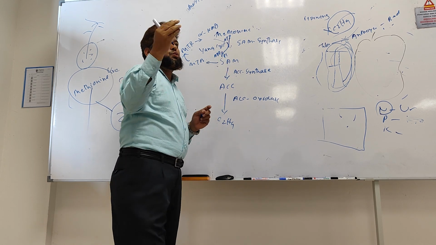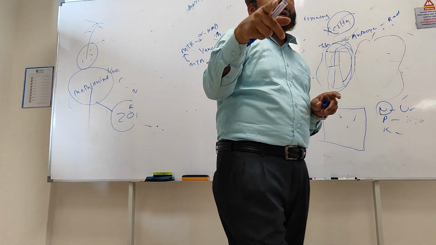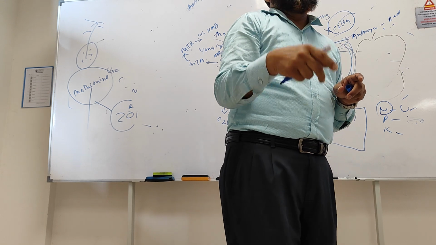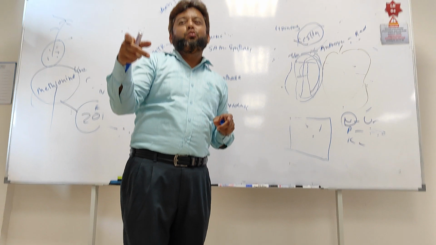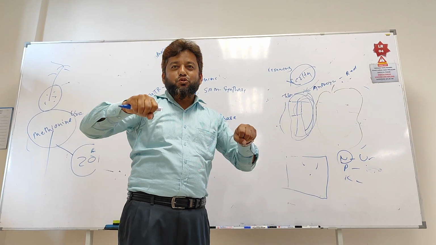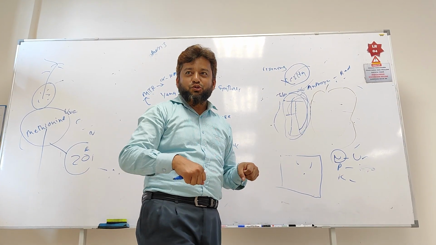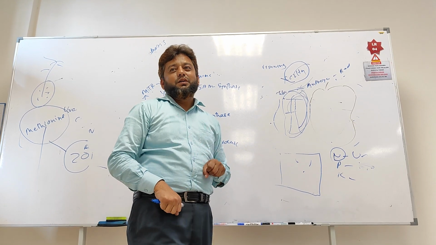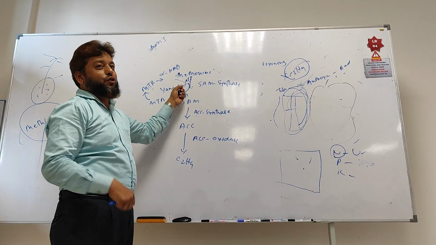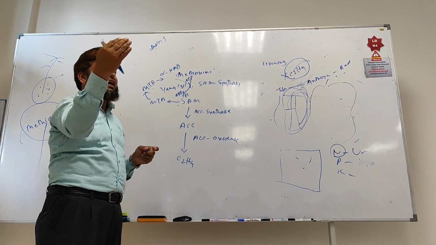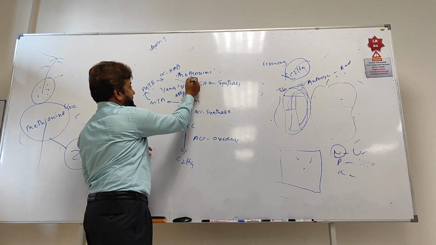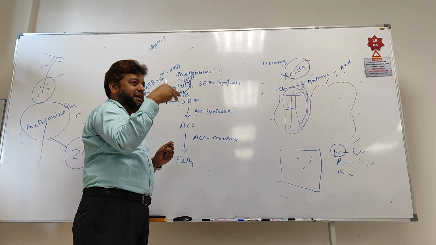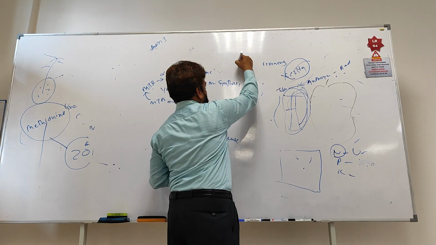So to start, it's like you have a motorbike and you need to start it. You need to give some energy. Same for any type of reaction, you have to invest some energy. Same here, one ATP breaks down.